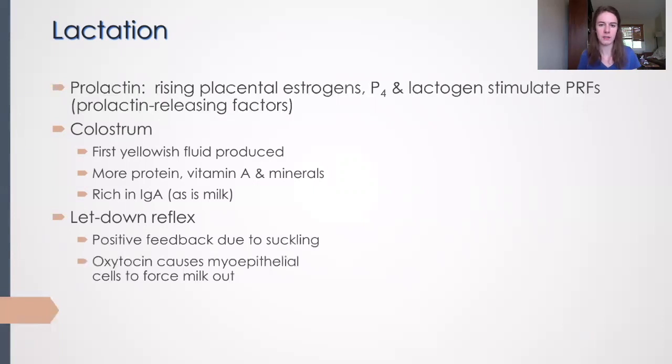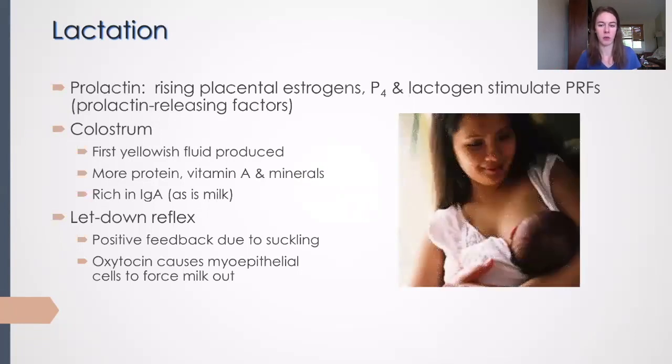So the letdown reflex, this is a positive feedback reaction, where oxytocin is going to expel milk, and that suckling behavior is going to cause a further increase in oxytocin. So that positive feedback mechanism allows this continual reaction to continue to eject milk out of the nipple as the baby is suckling.